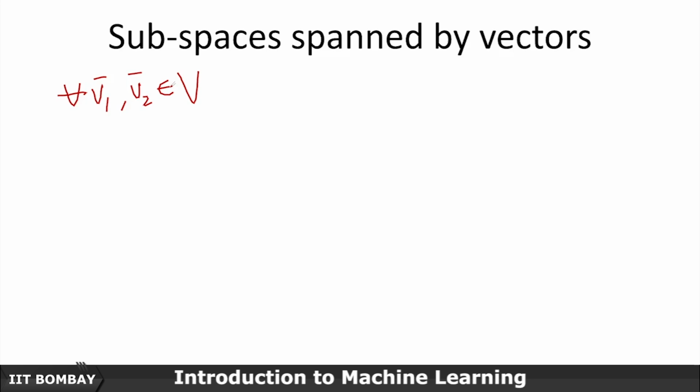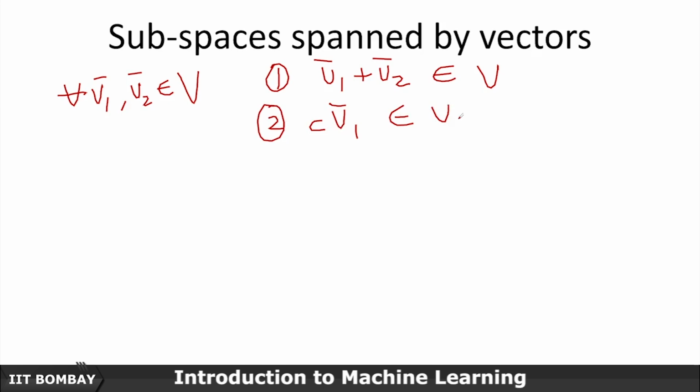What are those two conditions? The first condition is that V1 plus V2 should also belong to V. It should belong to the same set. The second condition is that if I scale V1 with a scalar, then that will also belong to V. If these two conditions are satisfied, then we will call V a vector space.